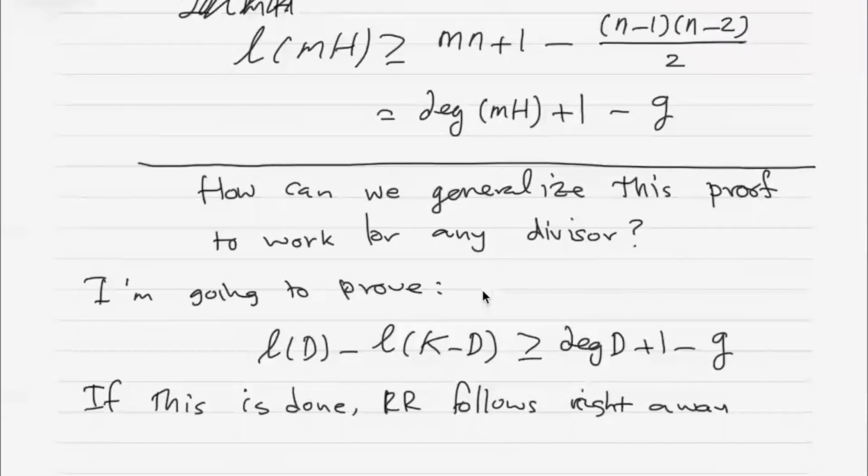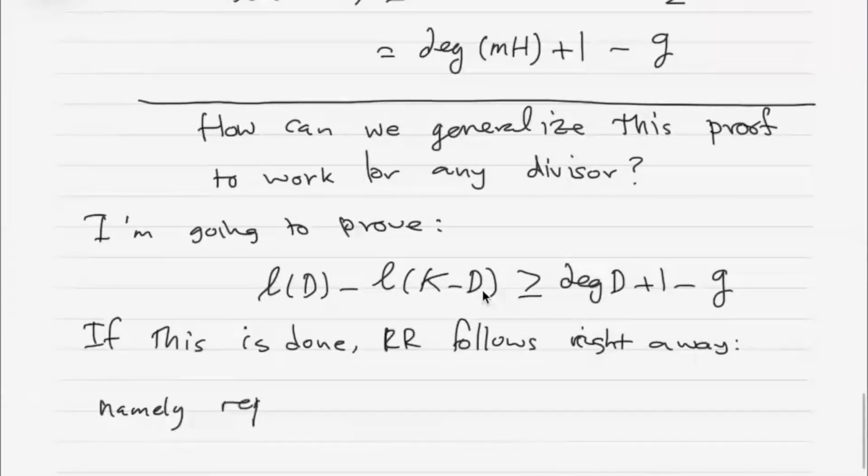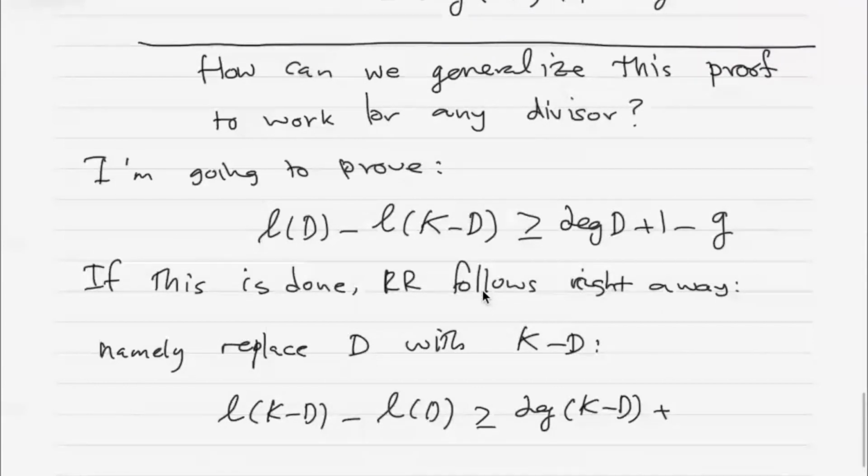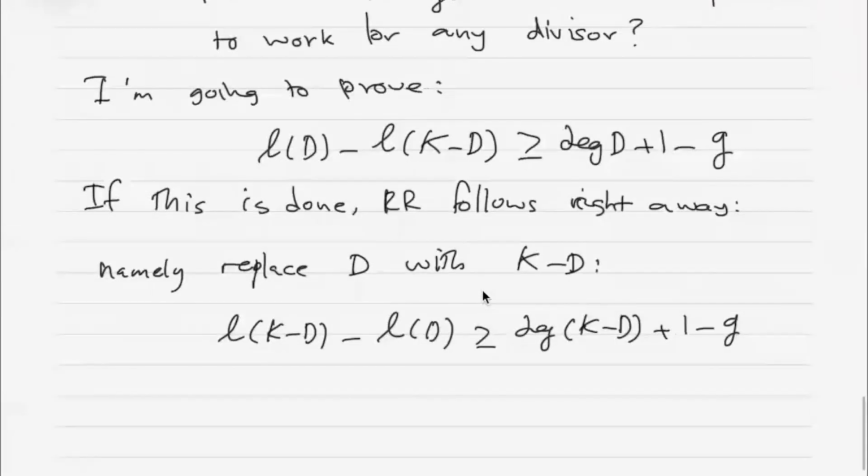Namely, replace d with k minus d. So what do we get? We get L of k minus d minus L of d is bigger than or equal to the degree of k minus d plus 1 minus g, right? And we already calculated degree of k. That was 2g minus 2 minus degree of d plus 1 minus g. This is going to be g minus 1 minus degree of d.